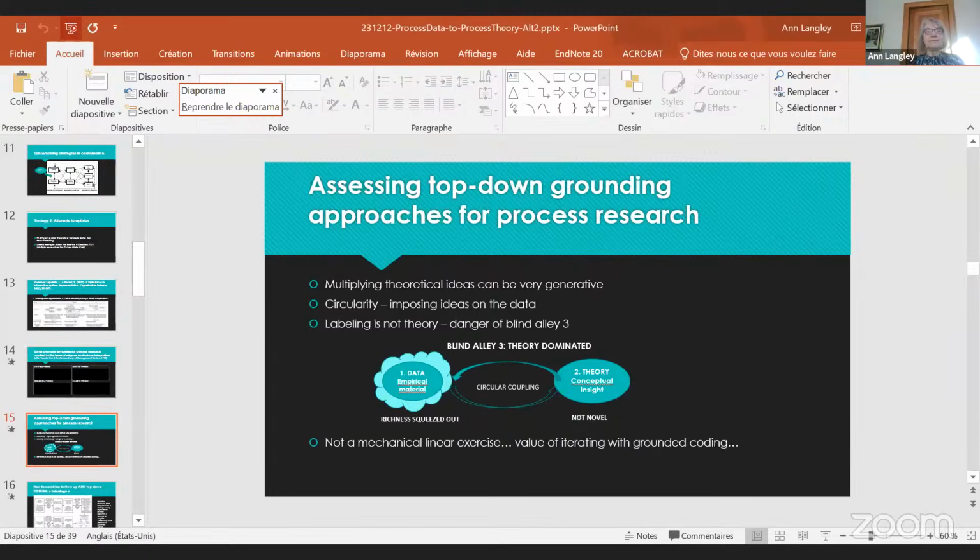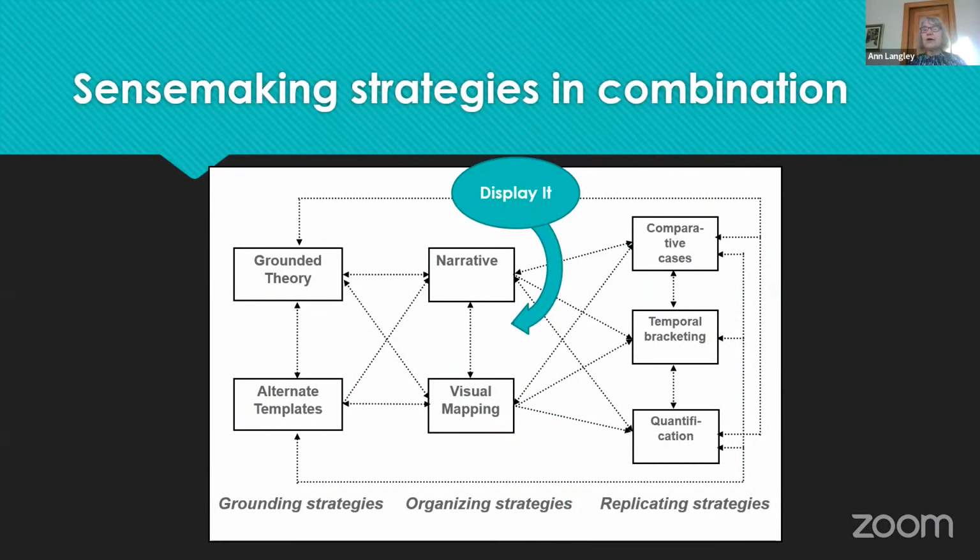Okay, all right. So I think we'll move on a little bit because we don't have that much time. I'm going to try to accelerate a little here, and I have to share my screen again. Okay, so we're now moving on to the middle column, which is displaying process data.